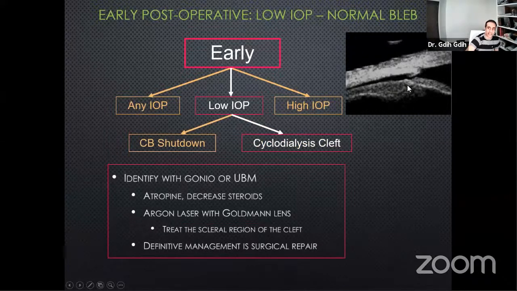And you may not always capture this nice of an image. So you can try to identify it with gonio, but it's hard, or UBM. If that's the case, use atropine and decrease steroid. You can try argon laser with a Goldmann lens to treat, but the definite treatment is surgical repair.